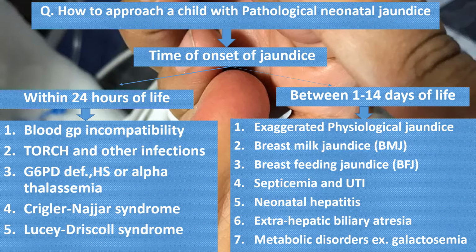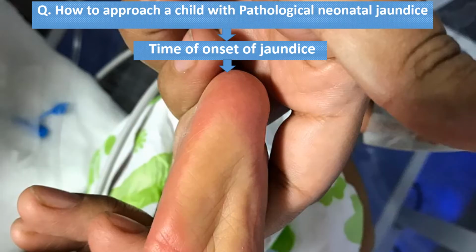It can also be due to some metabolic disorder, for example galactosemia, tyrosinemia. So according to the onset of the jaundice, we can investigate the baby further.